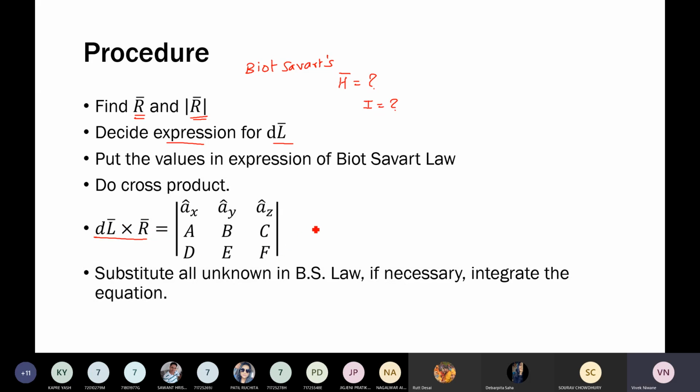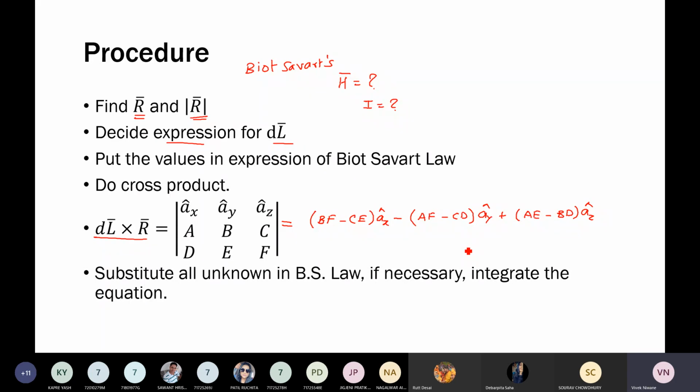This is a determinant, and probably you know how to solve the determinant. I will write it down over here so that I need not explain it while solving the numerical. So we will have BF minus CE AX cap minus, then we will have AF minus CD AY cap plus A minus, okay.